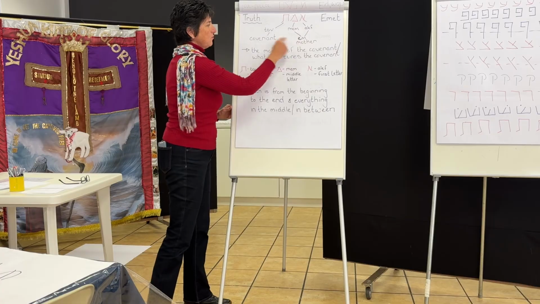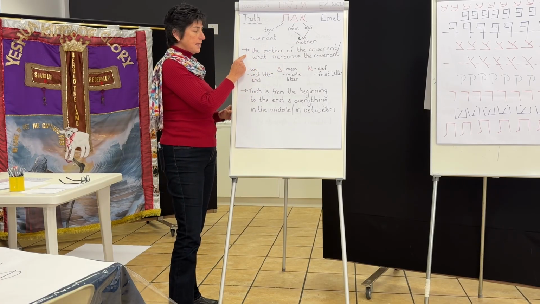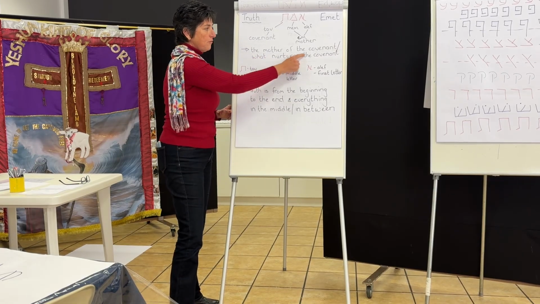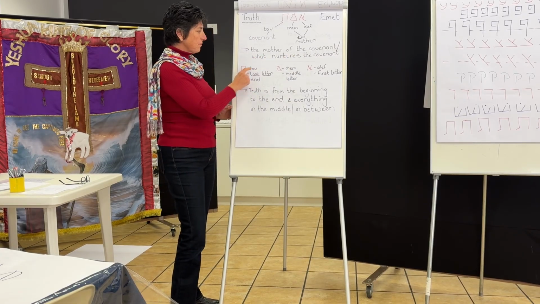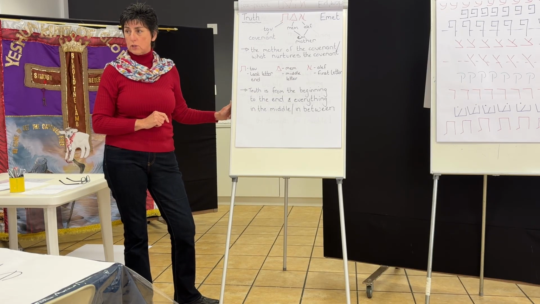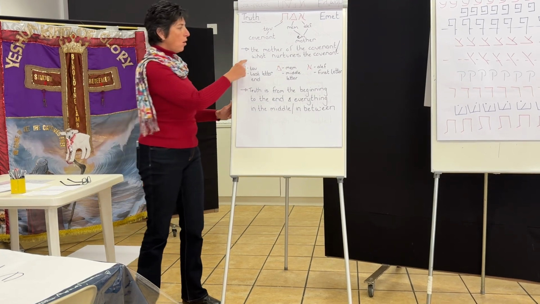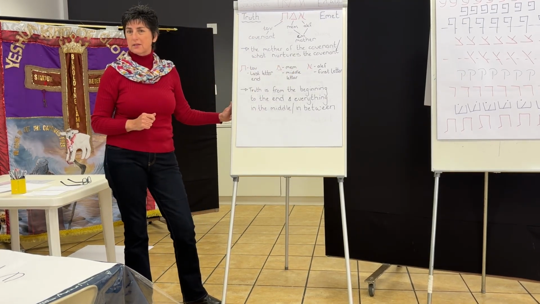Okay? So we've got covenant and mother. So truth we can understand as the mother of the covenant. Remember, the mother was the life-giving waters or the nurturing. So truth is what nurtures the covenant.